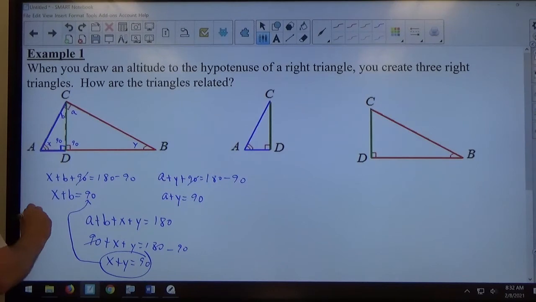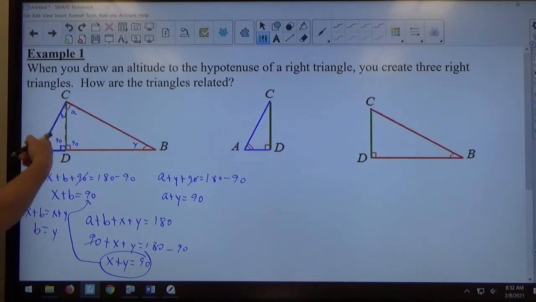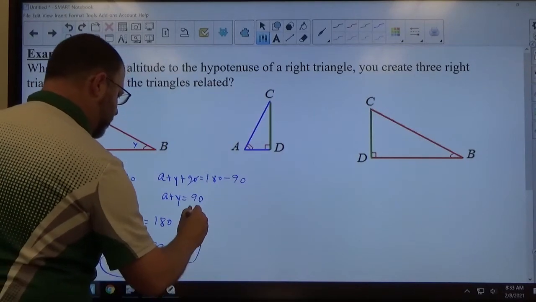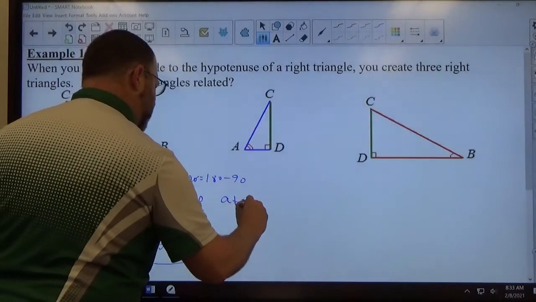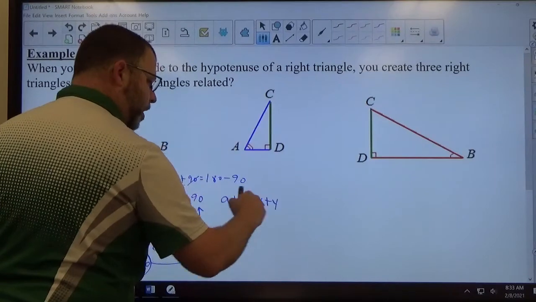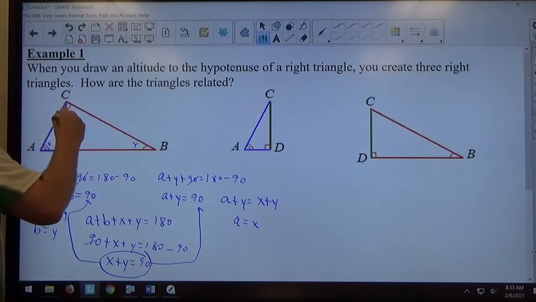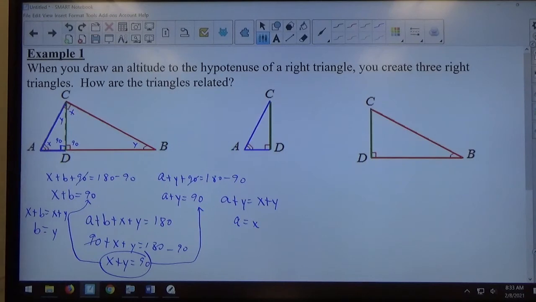I get X plus B is equal to X plus Y, which means if I subtract X from both sides, I get B equals Y. And if I use X plus Y equals 90 right there, I get A plus Y equals X plus Y. Subtract Y from both sides, that gives me A equals X. And there we go.